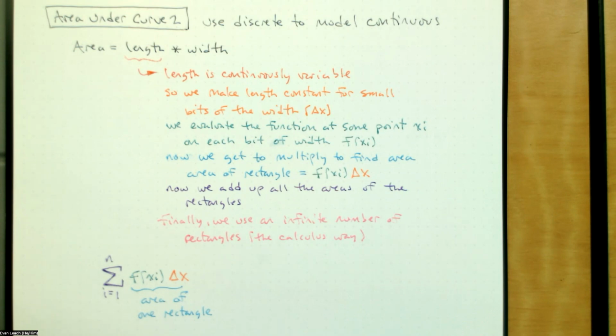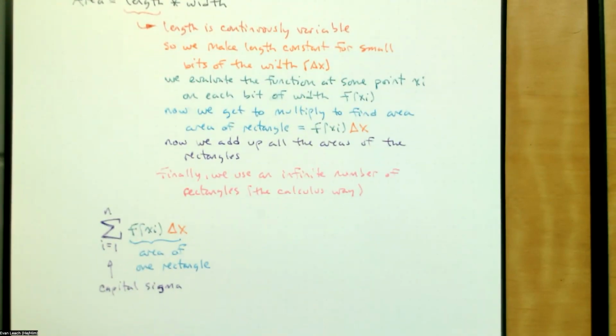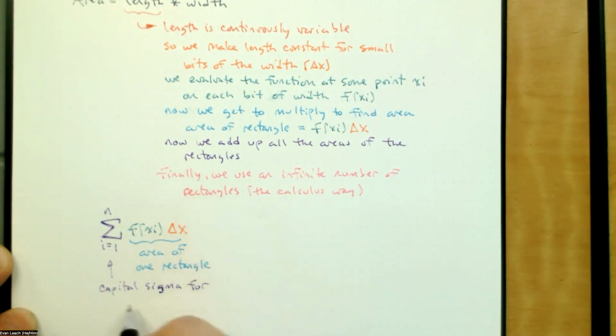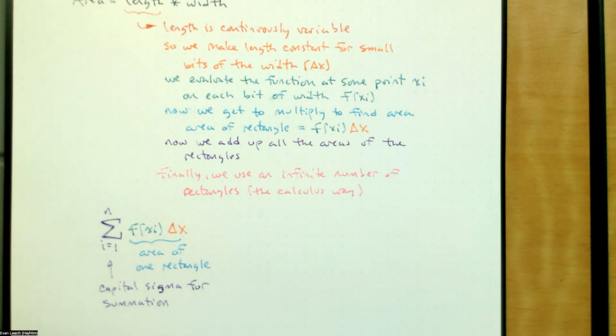So this is summation notation. We use a capital sigma for summation notation. Replace the i with a 1, then a 2, then a 3, then a 4, and then just add them all up.